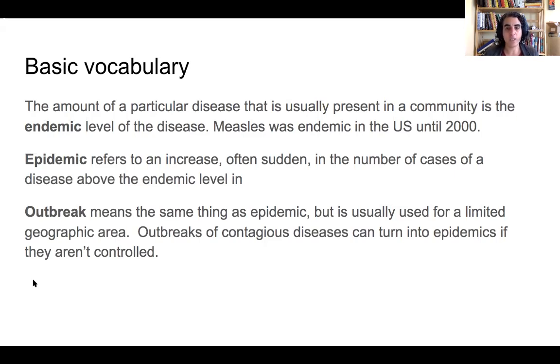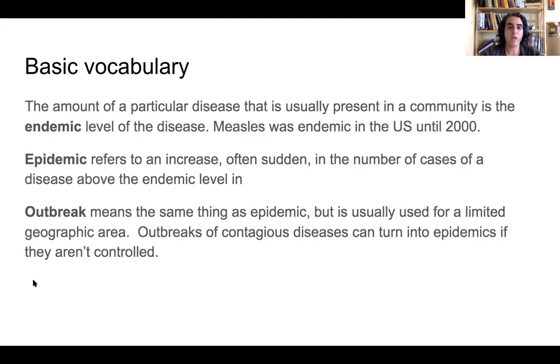Since 2000, measles has not been bouncing around in the United States. So the measles outbreaks that we've had have all been caused by some case that came from outside the country, and even one or two cases of measles merit investigation because it is not endemic in the US.